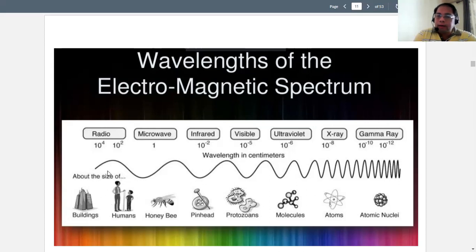So you can run an ultraviolet light on a surface to sanitize it, because of the higher energy that ultraviolet has.